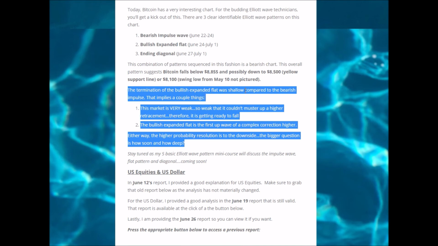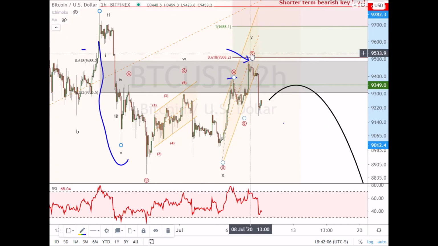It has now retraced 61% of the previous down impulsive wave. And so this tells us that this is ripe for a reversal that would completely retrace this whole up move and possibly even dig down into lower levels.